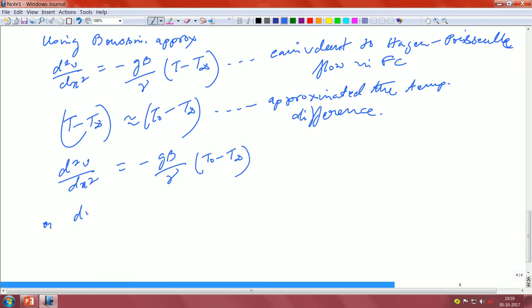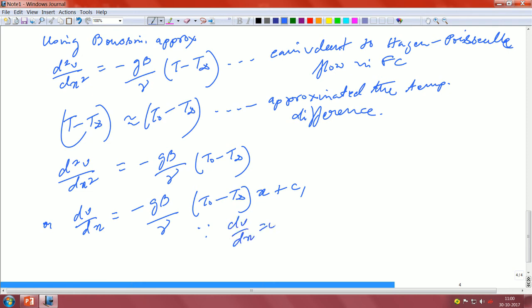So, you can apply your first integration, this is g beta by gamma, T naught minus T infinity, x plus C1. Okay. Now, since you have dV by dx equal to 0 at x equal to 0, which is basically the center, right. Okay.